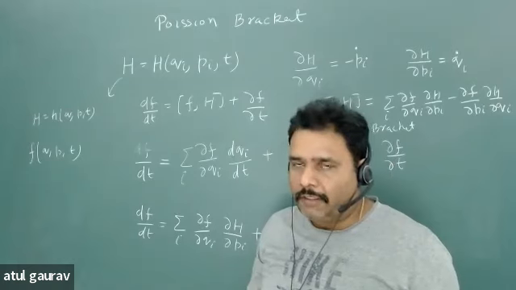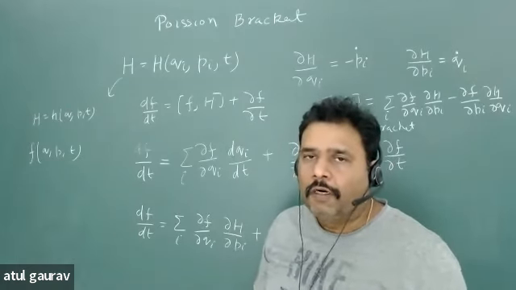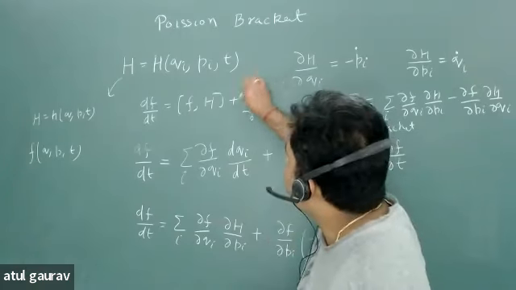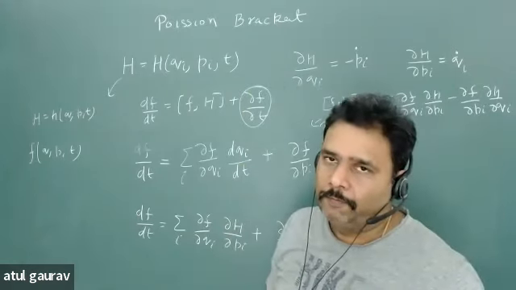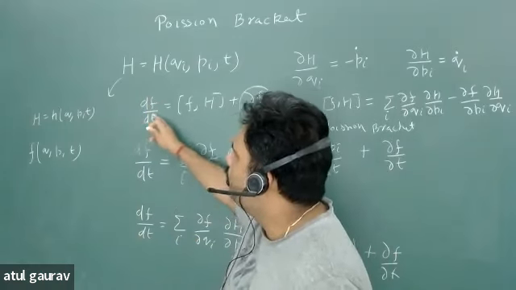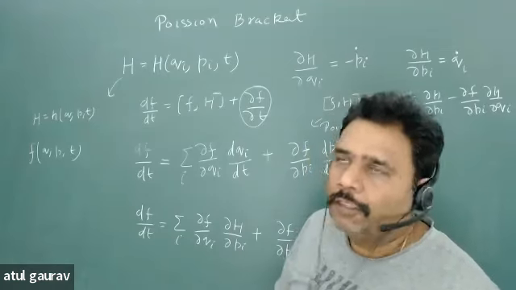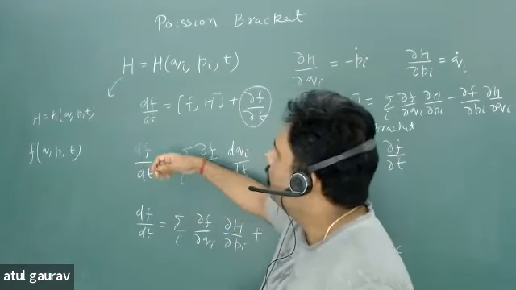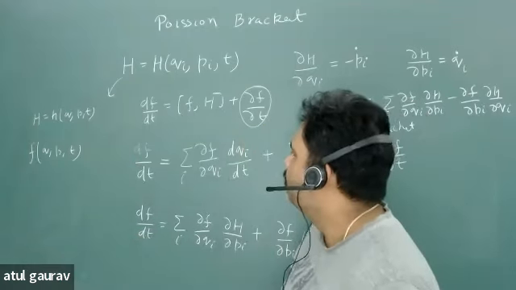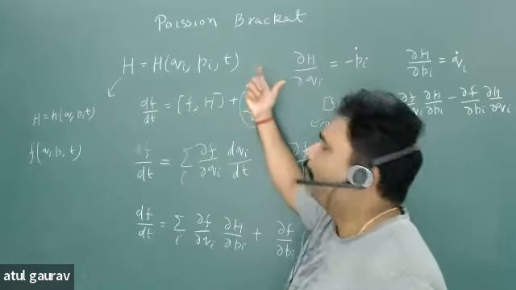For the conservation of any function f with respect to time, or invariance of f with respect to time, only the partial derivative is not important. What is important is how this f is evolving with time in totality. And if I am talking in terms of totality, this combined effect can be written as the Poisson bracket of f and h as well as the partial derivative with time.